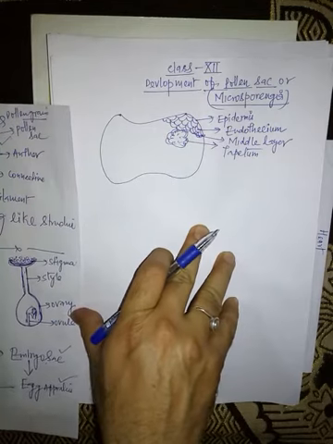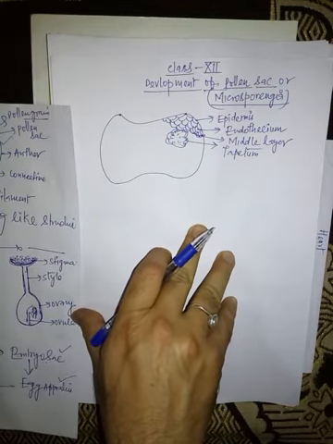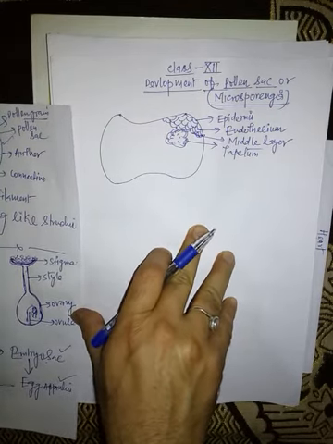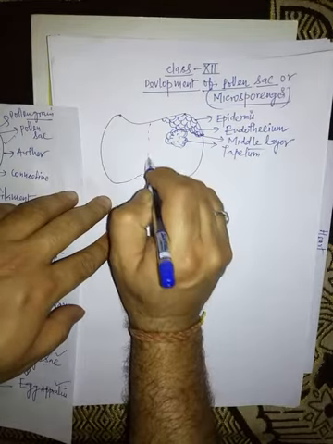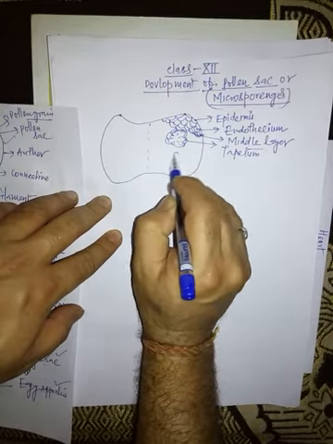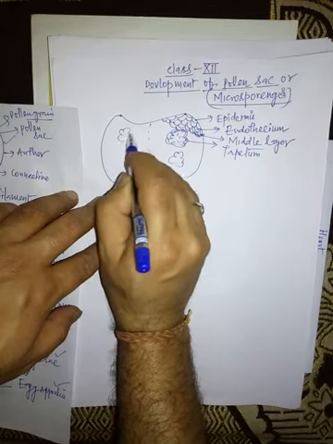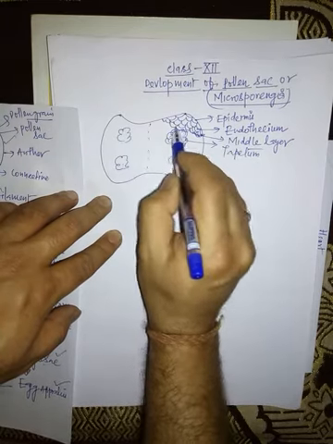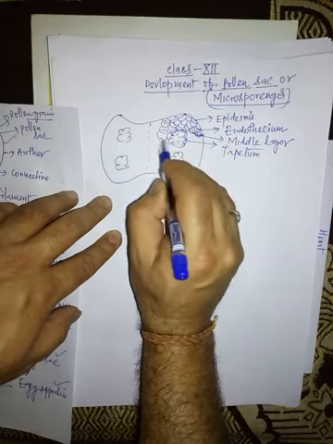Right? There are 4 layers present around the pollen sac. This is connective and another pollen sac. This is also pollen sac.